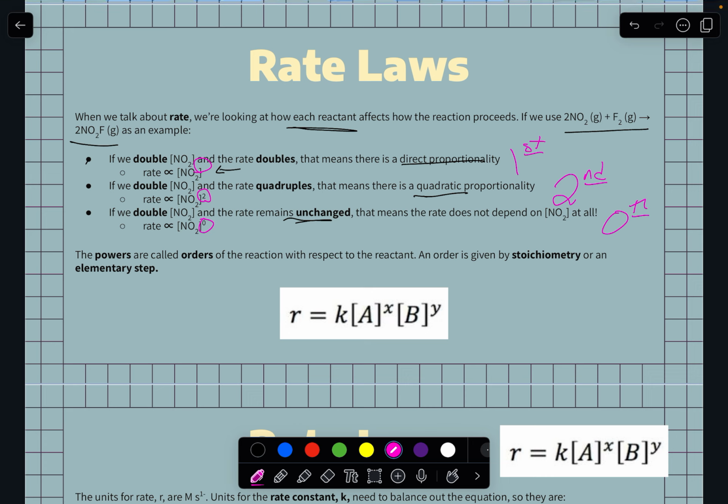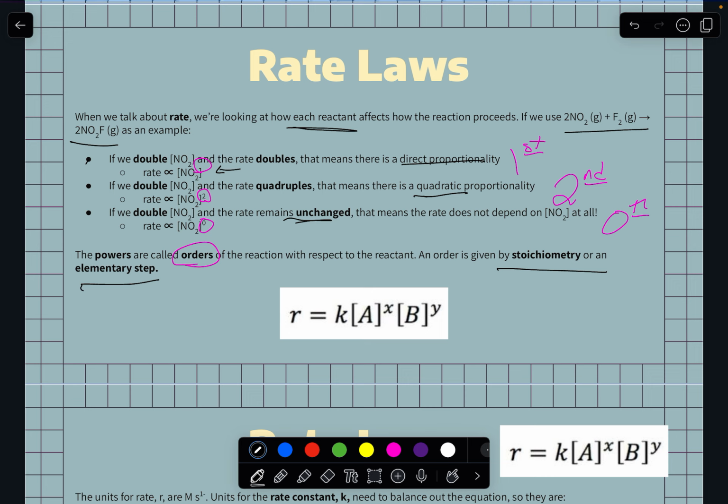Okay, so these exponents, the powers, we call those our orders, and they're with respect to the reactant. They tell us what's happening. Okay, so if we have NO2 squared, second order, that means we have a quadratic proportionality. Okay, and the orders are going to be given by stoichiometry or elementary steps.